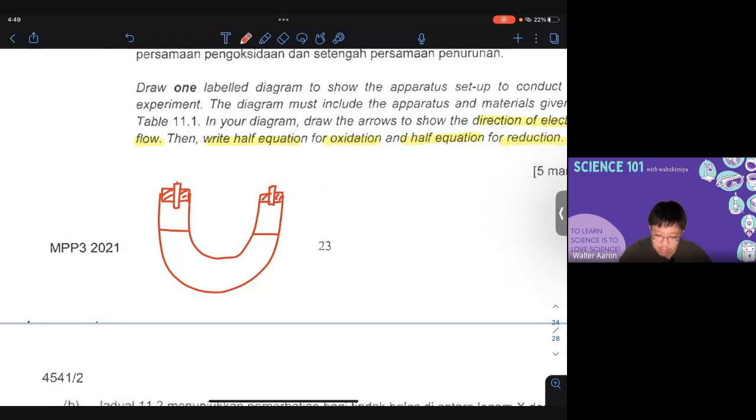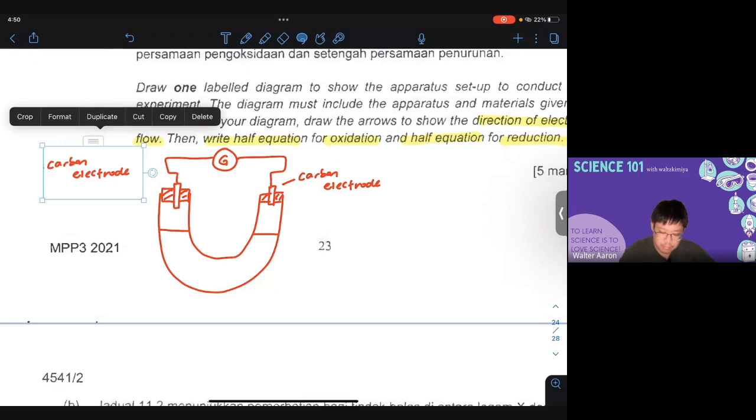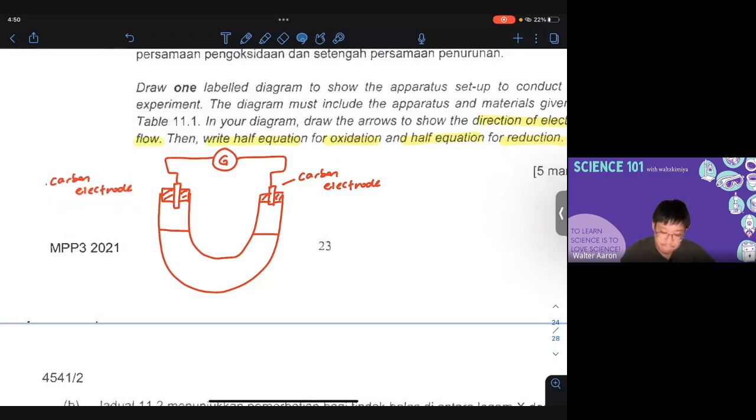Okay, and then it's supposed to connect itself through a galvanometer. And then after that, come back down. I don't have space, that's why I draw it this way. And then supposedly both are carbon electrodes. So you must label the carbon electrodes for both sides actually. Okay, and then point towards here.